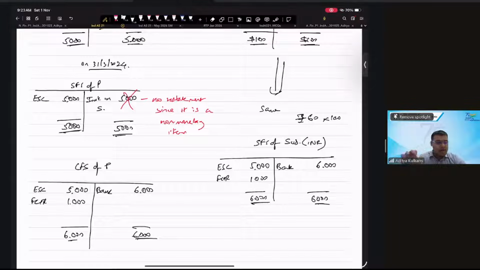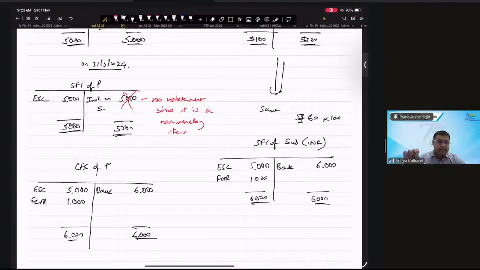The consolidated financial statements in case 1 and case 2 are exactly the same except for reserves. In the first case, when it was an intra-group balance, the reserve was nothing but your balance in the statement of profit and loss, because it sat in the P&L as exchange gain.